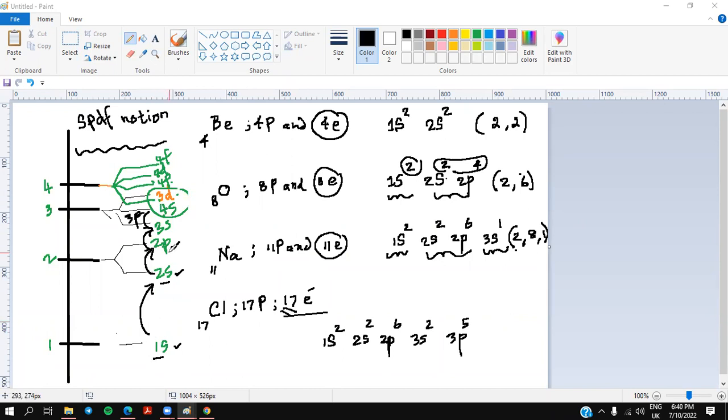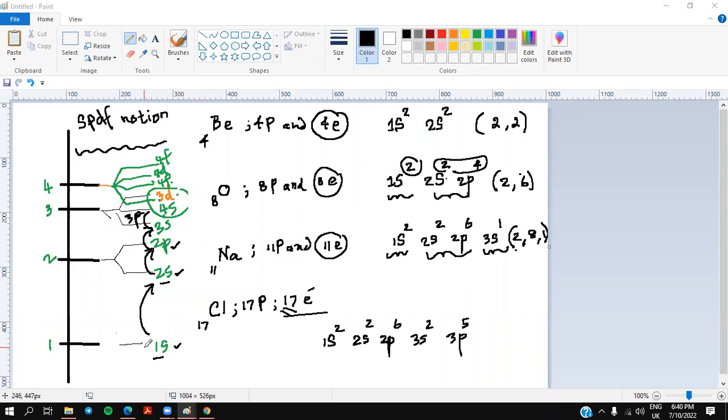If you go on writing electronic configuration, first you add into 1s, then you add into 2s, 2p, 3s. After 3s, you will go to 3p. But without going to 3d, you will have to come to 4s because there's an overlap. Right? It's extremely difficult to write electronic configuration further upwards.